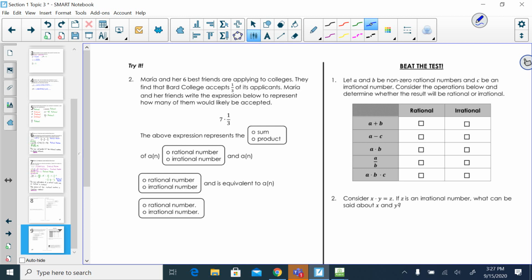Here we have a product, because multiplication means product, of a rational number. 7 is a rational number, and 1/3 is a rational number as well. And it is equivalent to a what? When you multiply a rational times a rational, you're going to get a rational back. Always, always, always true.